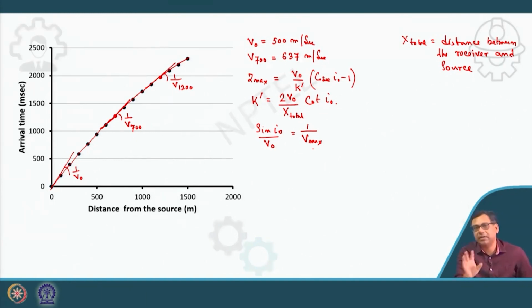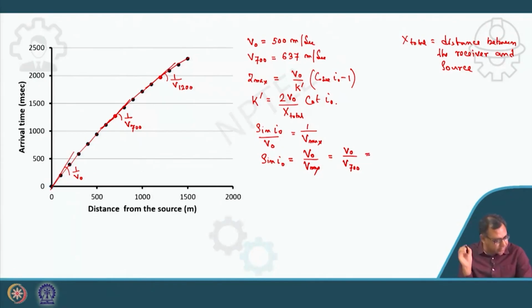That which is received by the receiver. So I can write that sine I0 will be V0 by Vmax. Here for the 700 meter receiver, that means the receiver distance 700 meter from the source, that is V0 by V700.